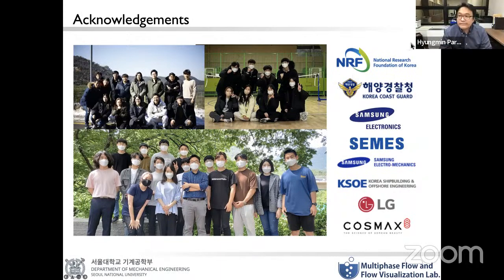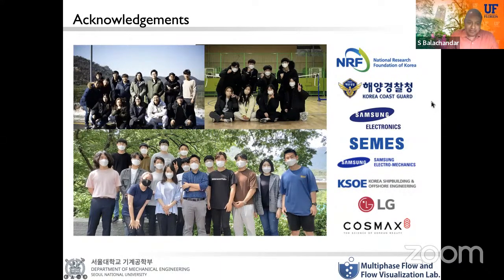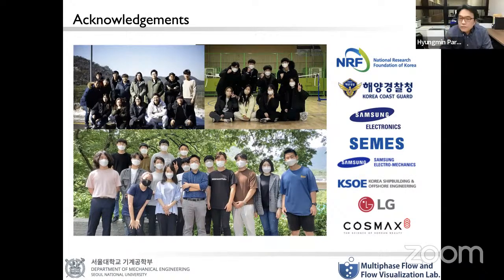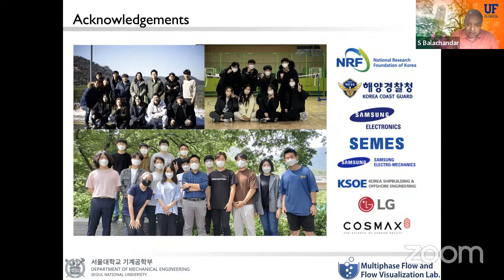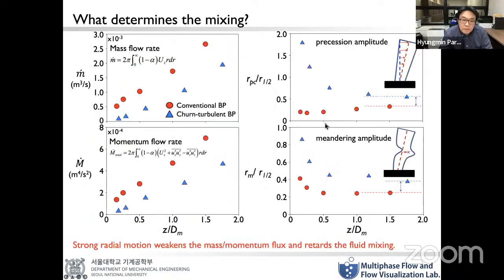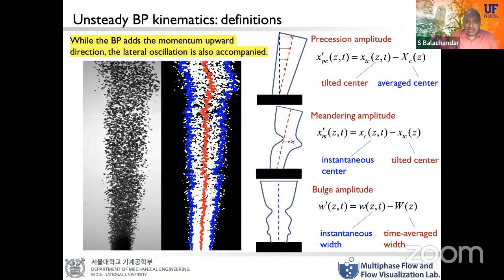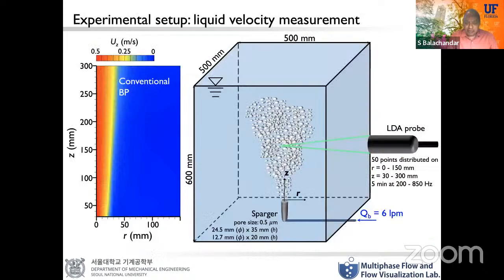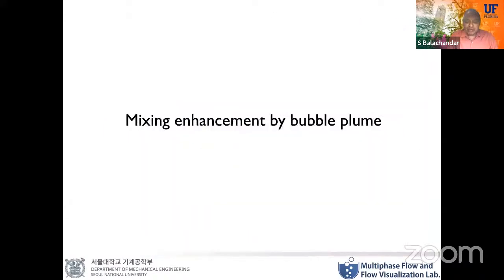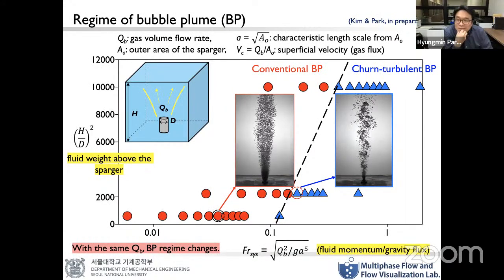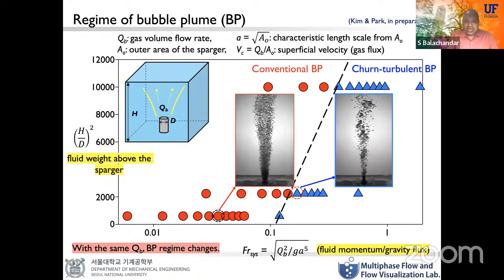Thank you. I have a question regarding the two kinds of plumes that you showed, in the middle of the talk before you started talking about the mixing. There, the conventional one went straight up, and there was a regime map plot, yes, this plot exactly. My question is, these two plumes are distinctly different.